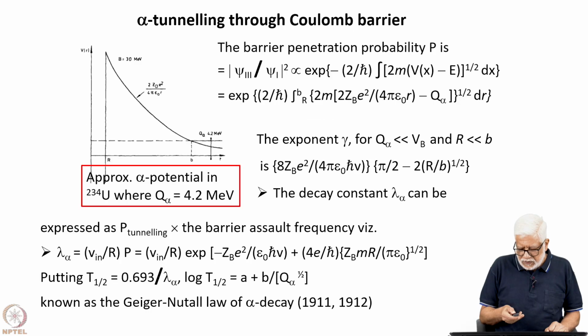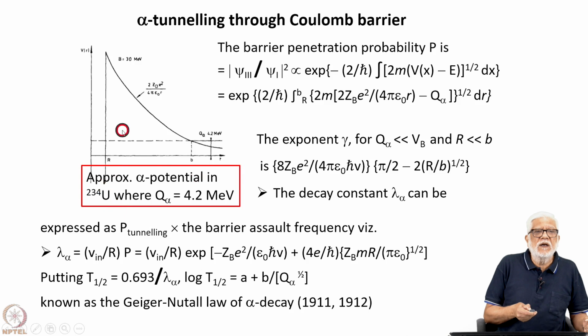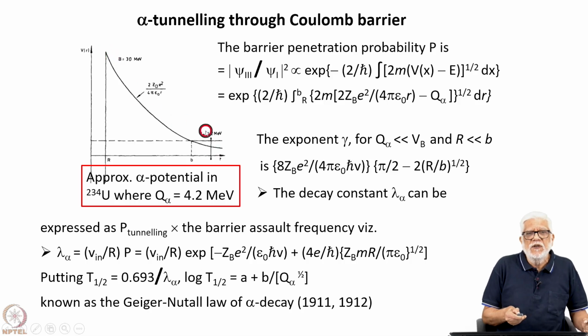So a more realistic view of this would be, of course, this is still not completely realistic, but at least it's a more realistic way of trying to estimate this. That is by assuming a kind of a deep well, and then from a radius of r, only the Coulomb potential operates, which means that it dies as 1 by r.